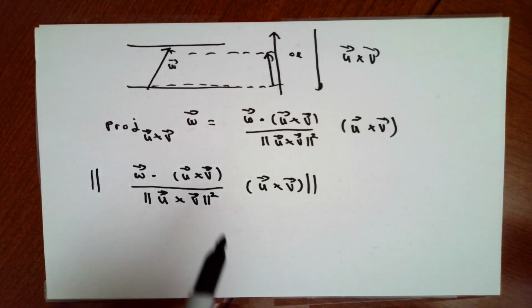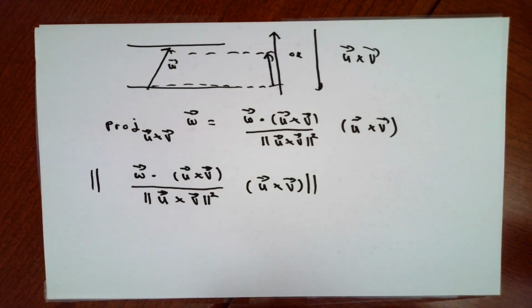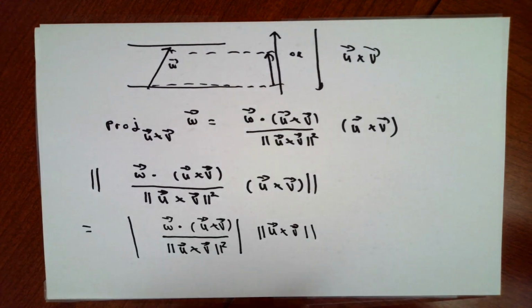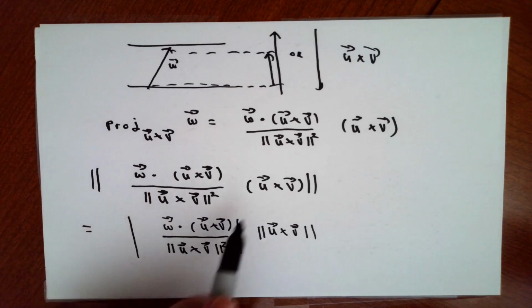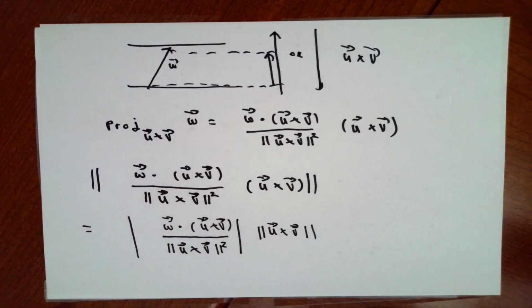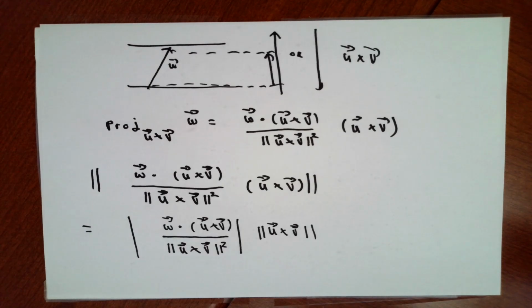The magnitude of a number times a vector is the absolute value of the number times the length of the vector. This u cross v is that u cross v. This is the absolute value of this number that u cross v had been multiplied by. In this absolute value, the bottom of the fraction is already positive, so I only have to worry about losing any potential negative signs up top.